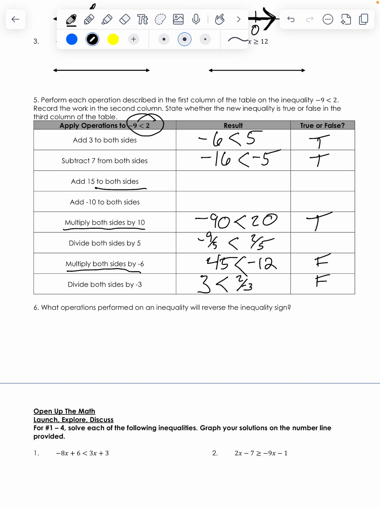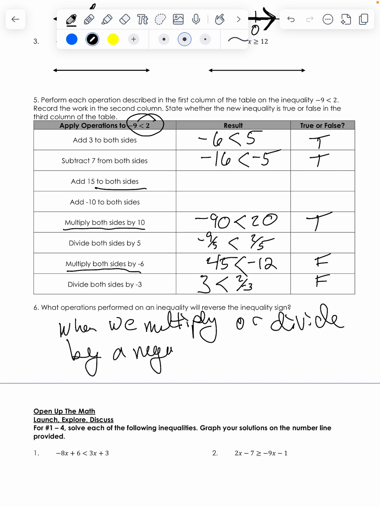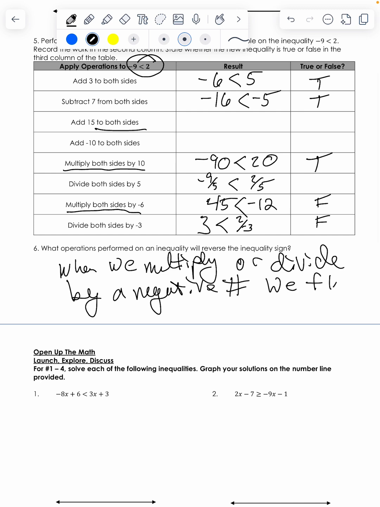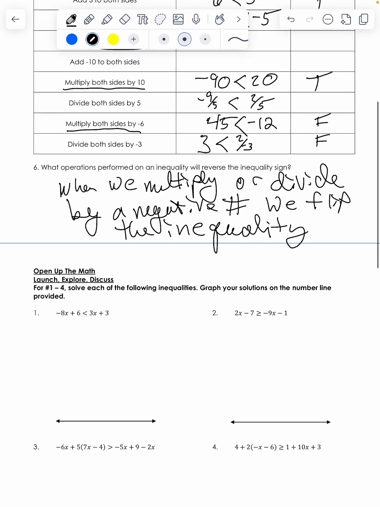So when we multiply or divide by a negative number, we flip the inequality. Okay? And we are going to now see what that looks like real quick. I'm going to do 2 examples for us. Okie dokie.